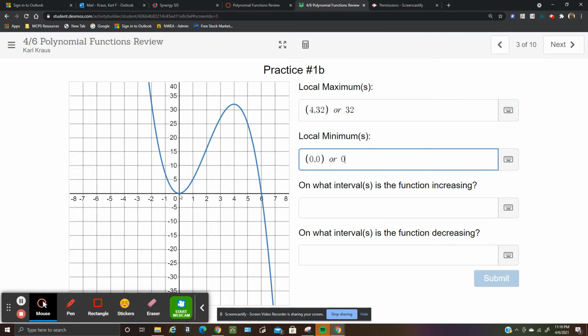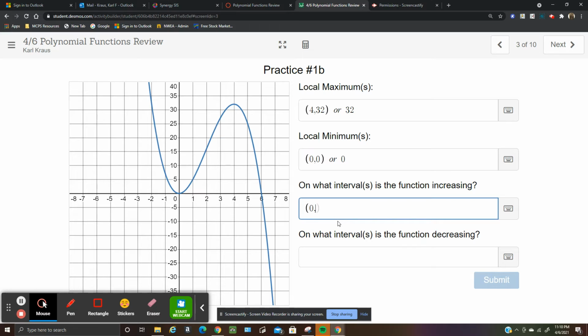Increasing is from x is 0 to 4. Or you could write the inequality.